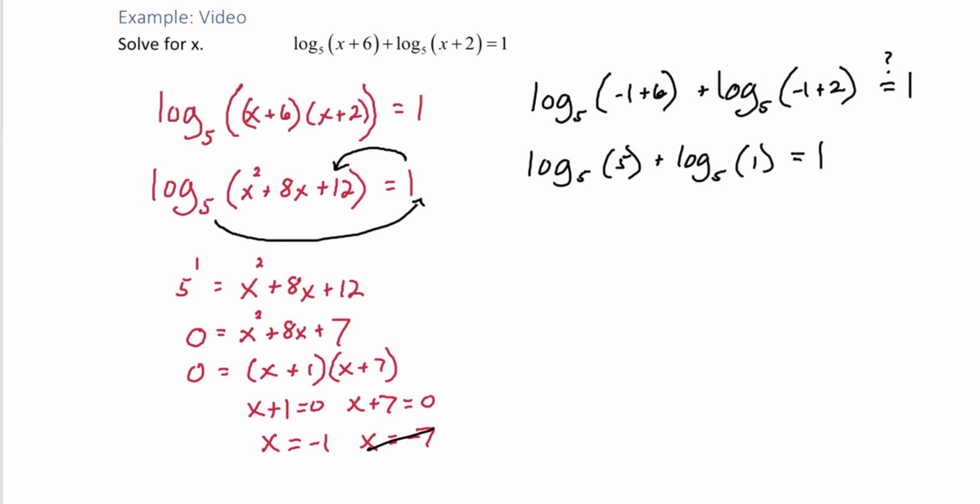Is that equal to 1? Now we have to convert. 5 to what power gives us 5? That would be 1. Plus 5 to what power gives us 1? 0. So we get 1 equals 1, which is a true statement telling us that -1 is indeed the correct answer.